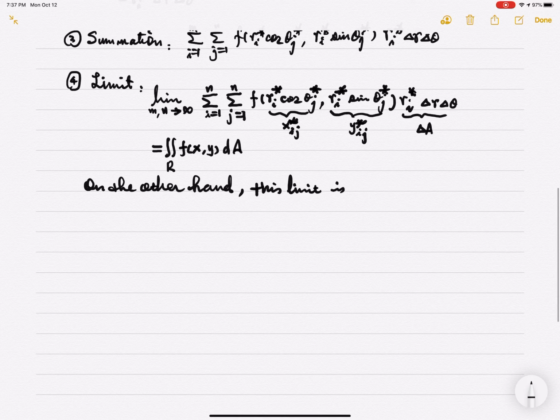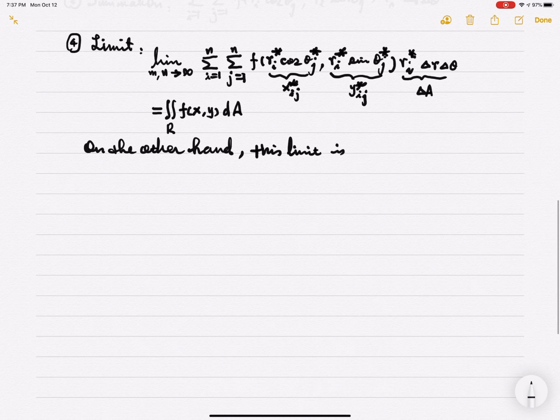Okay, let's continue. Here we say, if the variables are theta, now this limit is what?